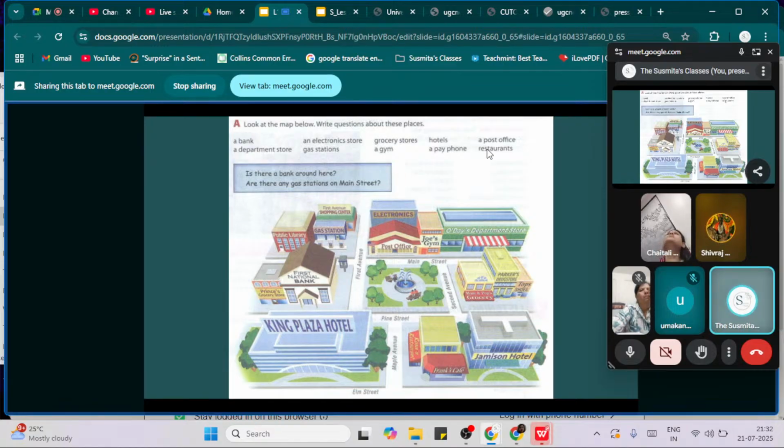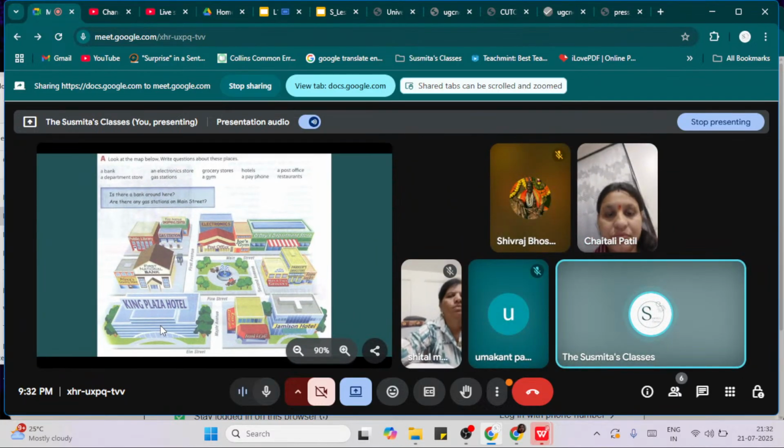There are almost 10 sentences which you'll make. Okay, looking at the map. First you'll make the questions and then you will answer those sentences. Clear? Yeah. Okay, we'll stop over here for today. We'll continue tomorrow. Make sure you finish the exercise. And if you have any questions, reach out to me on message.